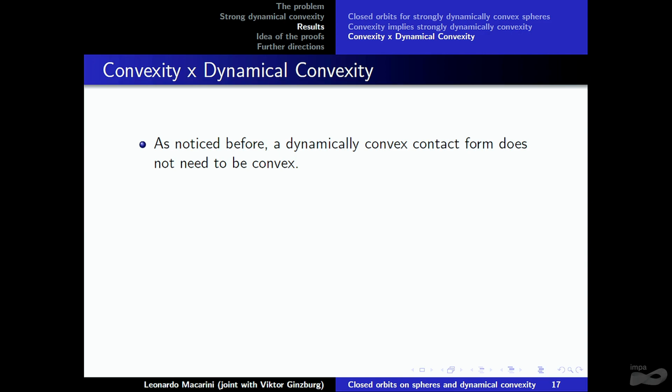But from some point of view, this is good news because we realize that convexity implies more than dynamical convexity, at least in the symmetric case. And it helps us to attack the following question, which is a very important and hard question in contact topology that Umberto also mentioned in his talk today.